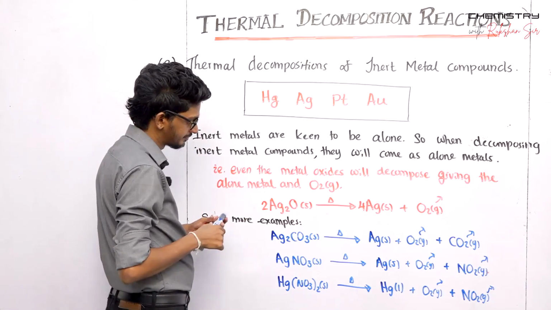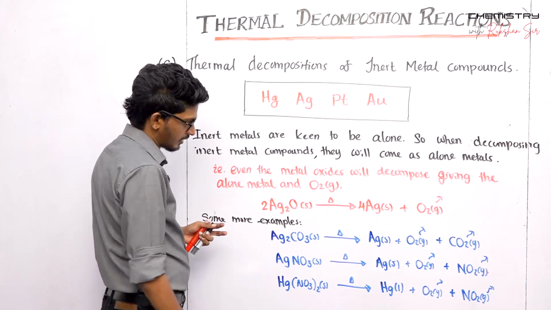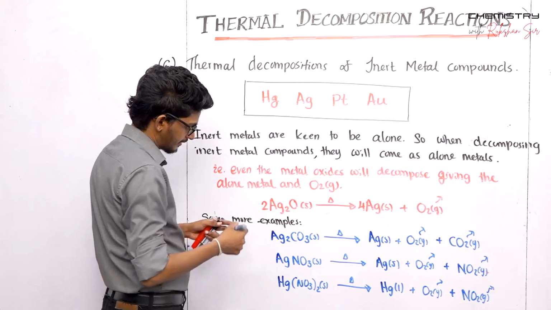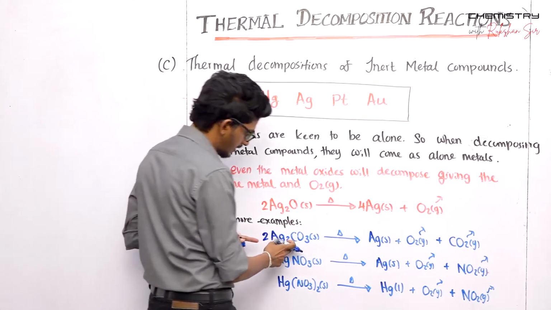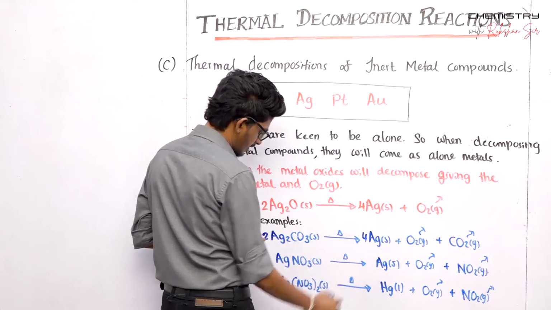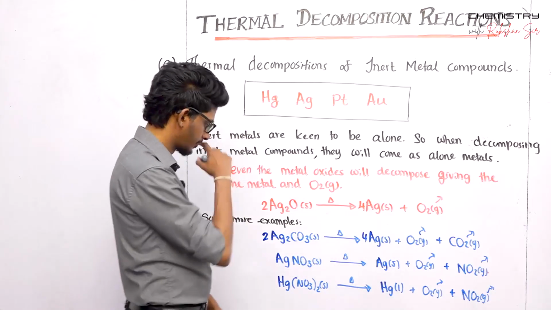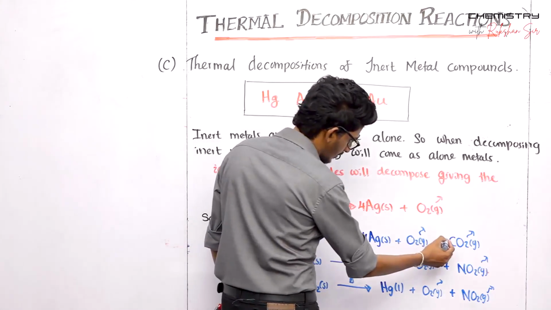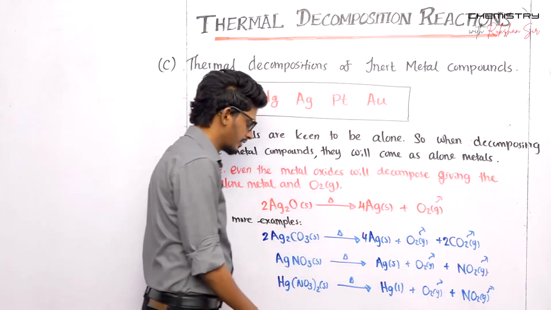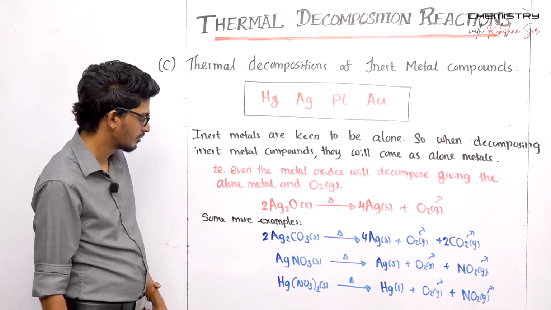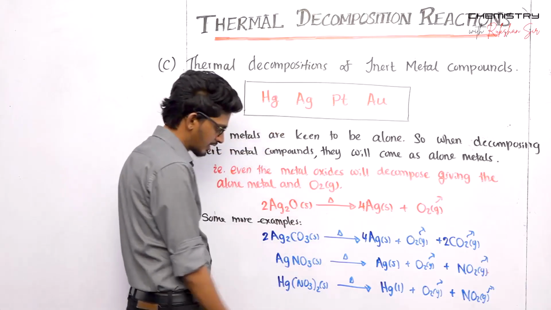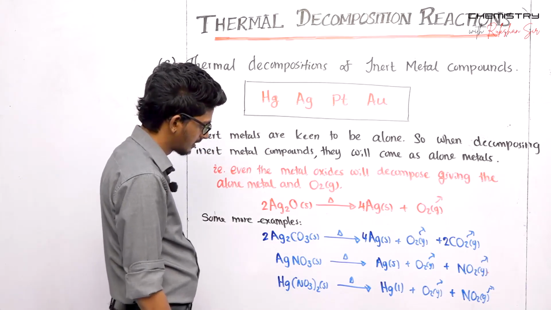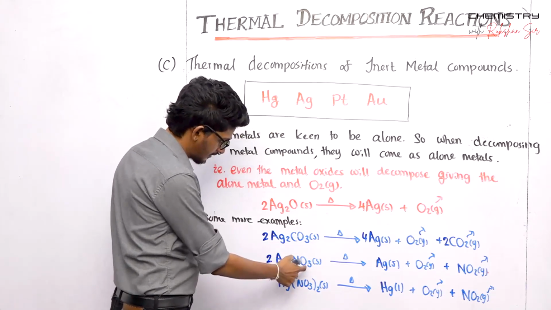You have 3 oxygens, that can't be balanced like that, so it should be 2 there. So 4 of these, so 6 oxygens and 2 carbons. Not that hard to balance. For silver nitrate you have 1 nitrogen and 3 oxygens, so it can't be 2 there to balance the 3.